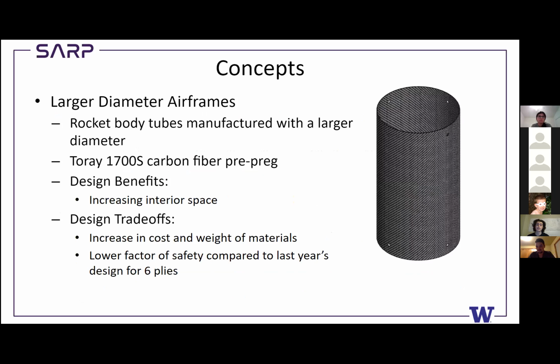But with the larger size, you're going to be using a lot more material, and it'll also increase the weight of the overall rocket. Because we're trying to keep the weight increase minimized, we're going to try to keep it around the same 6 plies for most of the tubes, but it does lower the factor of safety pretty obviously compared to last year's design.